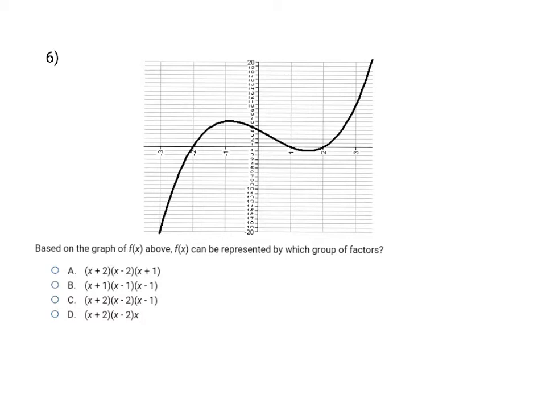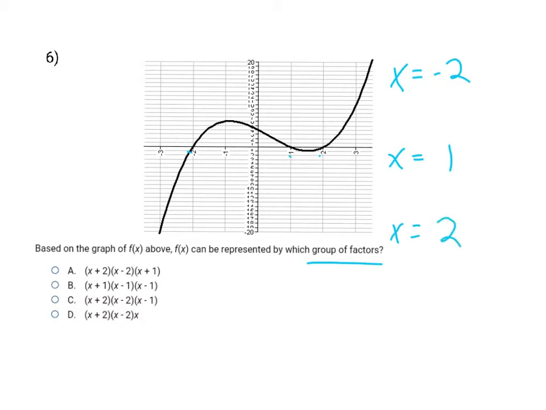Here it wants to know what is the group of factors that you can get from this graph. So I know that my answers here are x equals -2, x equals +1, and x equals +2.